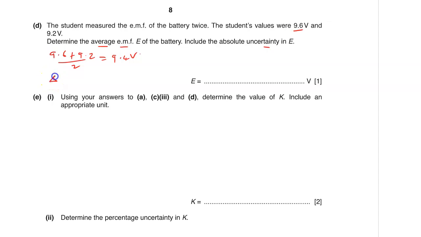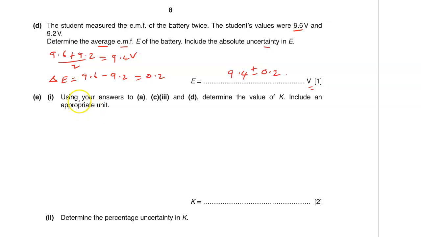The uncertainty, delta E, is the difference between the two: 9.6 minus 9.2 gives us 0.2. Therefore the EMF is 9.4 plus or minus 0.2 volts.